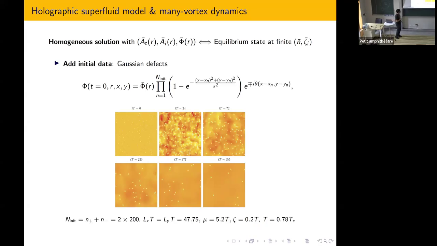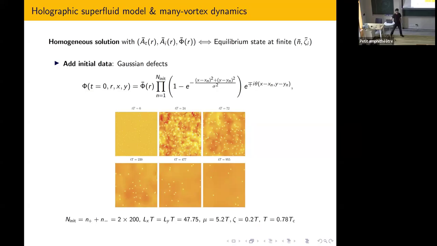Here at the bottom, I have written the specific parameters for our simulation. The important thing is that we take an equal number of vortices and anti-vortices, so we have 0 net vorticity. And we want to have a large number of vortices. In total, we have 400 of them.